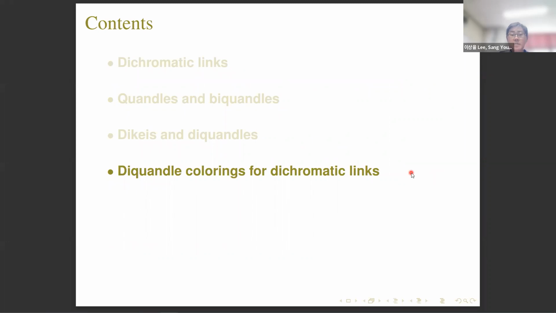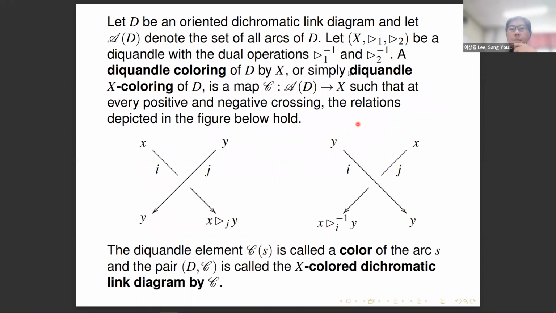So now the final section. Let D be an oriented dichromatic link diagram, and let R(D) denote the set of all arcs of D. And let (X, δ1, δ2) be a diquandle with dual operations δ1 inverse and δ2 inverse.